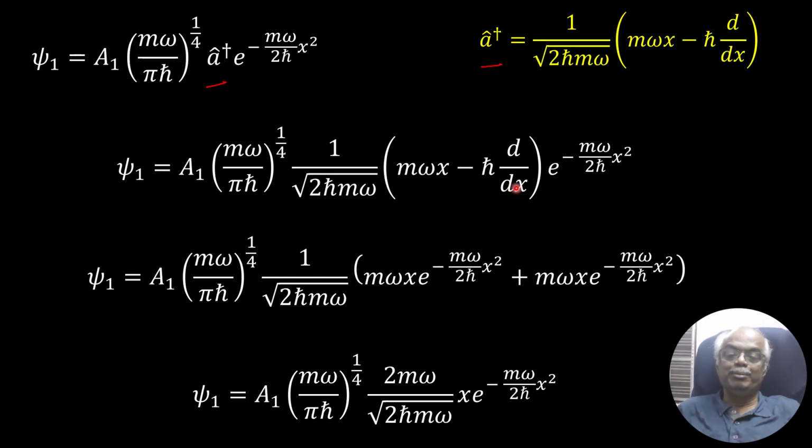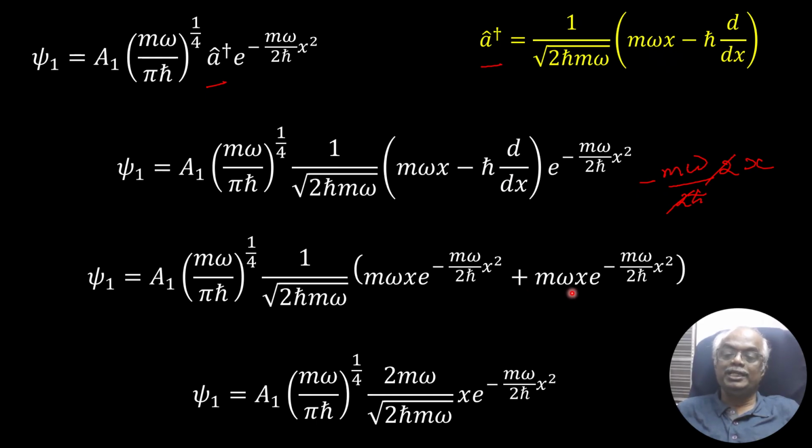Here you remember that you are going to differentiate with respect to x. If you differentiate this exponential term with respect to x, then you will get a minus. So minus m omega over 2ħ, and if you differentiate this x squared, you will get 2x. Then this 2 will get cancelled and minus of minus will become plus.